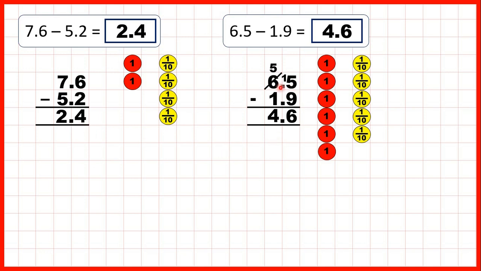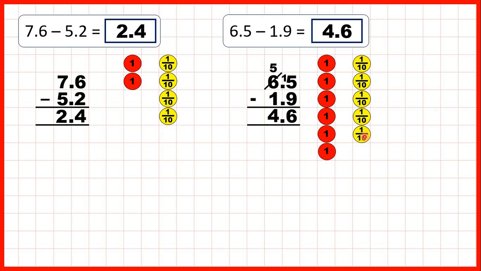Then we started with 6.5, so 6 ones and 5 tenths, and we needed to take 9 tenths away. To do this, we had to exchange, so look really carefully at what happens with these place value counters. We're taking away 9 tenths.